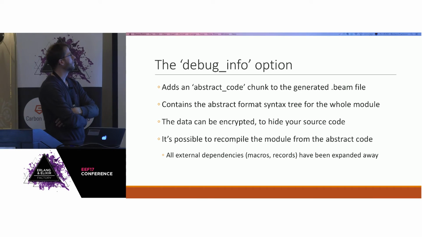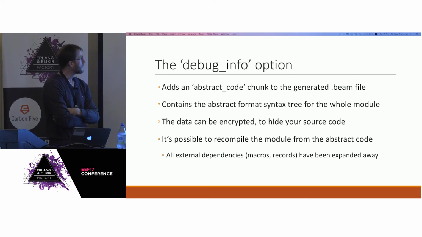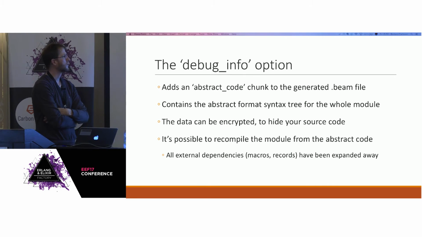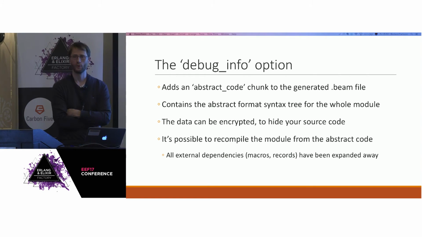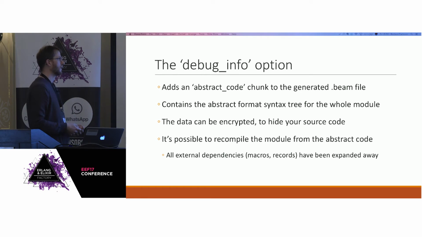You may know that there's a debug info option in Erlang. What that does is that it adds an extra chunk to the generated beam file called the abstract code chunk. That's just a dump of the abstract format syntax tree for the whole module at this point. And if you don't like your customers to see this data, but you still want to provide the debug information in case you want to go on site and debug stuff for them, then you can encrypt this.